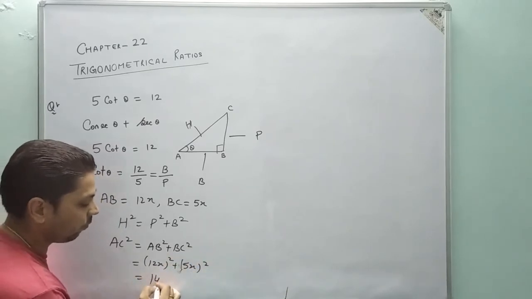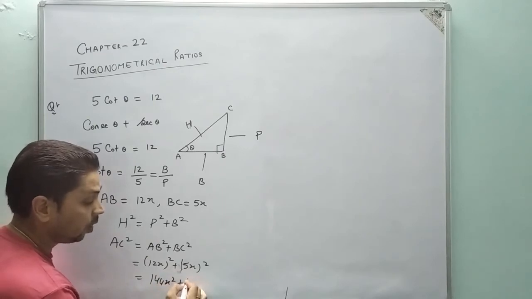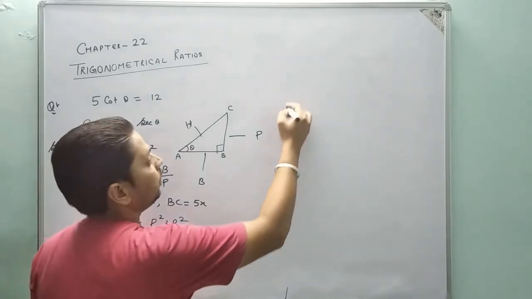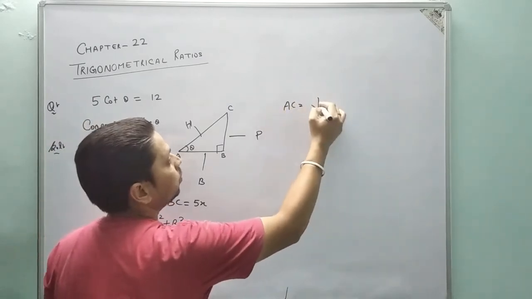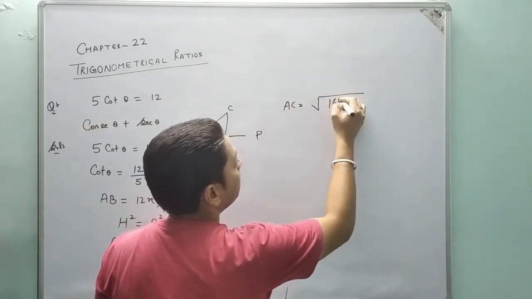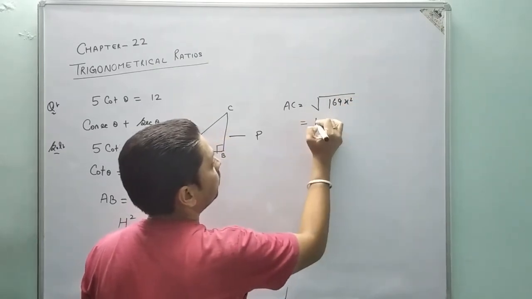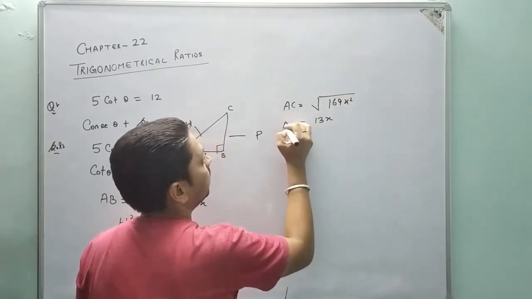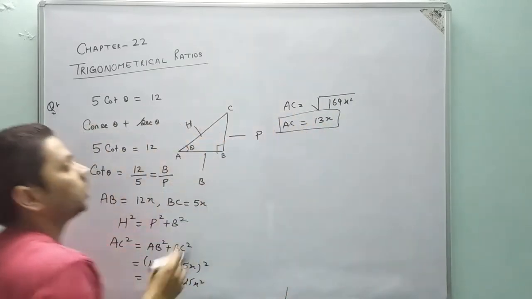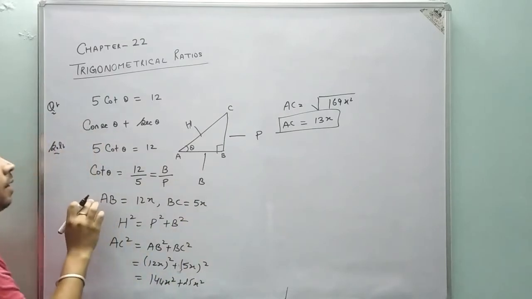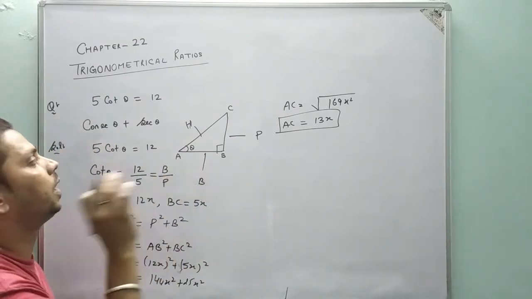This will give you 144x square plus 25x square. So AC will be equal to square root of 169x square, that is equal to 13x. Hypotenuse is 13x.